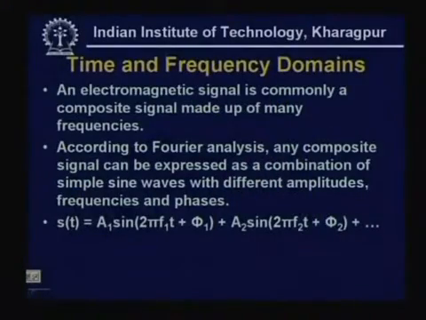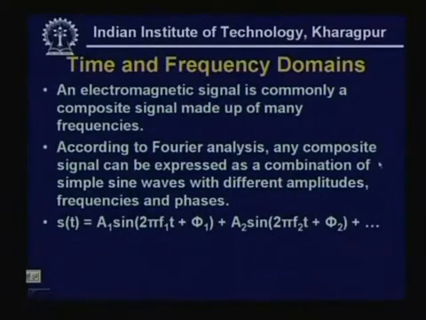Whenever a signal is complex, by virtue of the variation of parameters like amplitude, phase, and frequency with time, it becomes a composite signal. According to Fourier analysis, any composite signal can be expressed as a combination of simple sine waves with different amplitudes, frequencies, and phases.